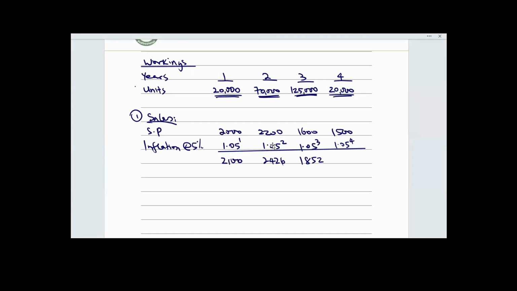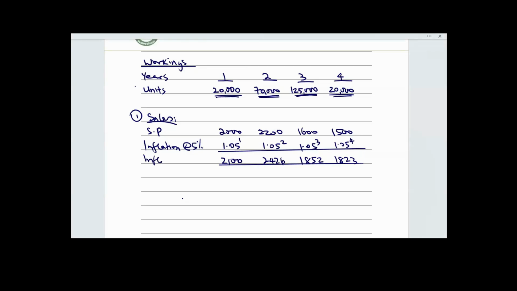Then for year 4, the inflated selling price is 1.05 raised to power 4 equals 1.21550625, multiplied by 1,500. That's 1,823, rounding. So with this, I've inflated the selling price.